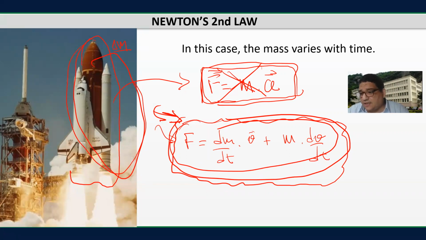For instance, a stone, a door, whatever you want that you don't have variation of mass, you can use F equal mass times E. But if you have variation of mass, you can't use F equal M times E. You see where I come from?